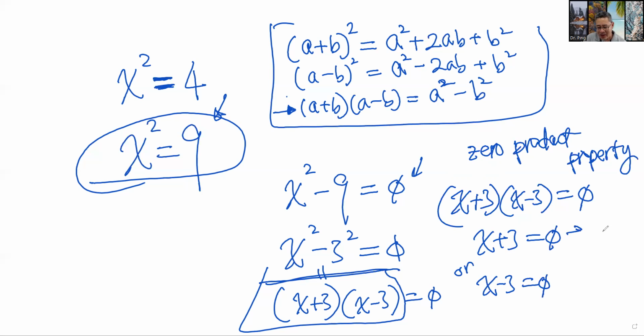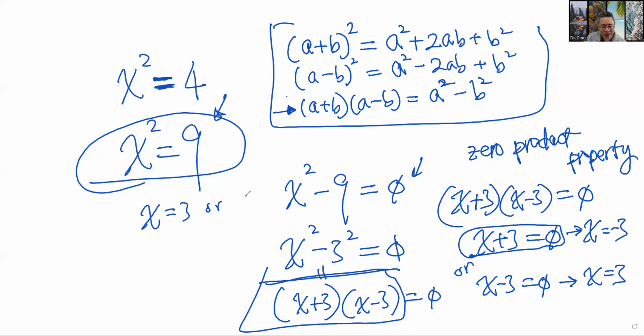The top one gives us x equal to -3, because x plus 3 is 0, so x has to be -3. And on this one here, x is 3. So therefore, our answer is 3 or -3. We write it as plus minus 3. Okay. So that's basically the reason why we have that.